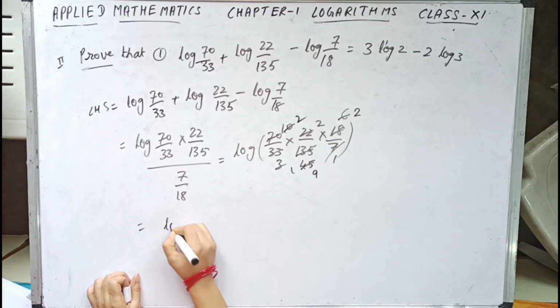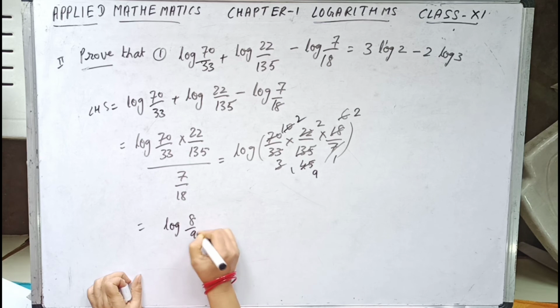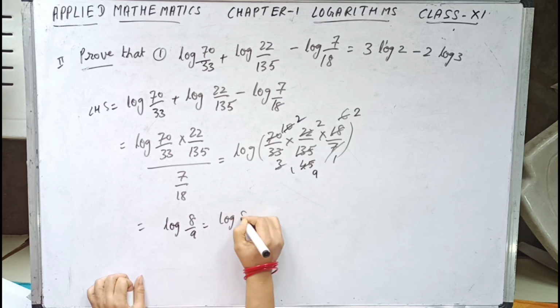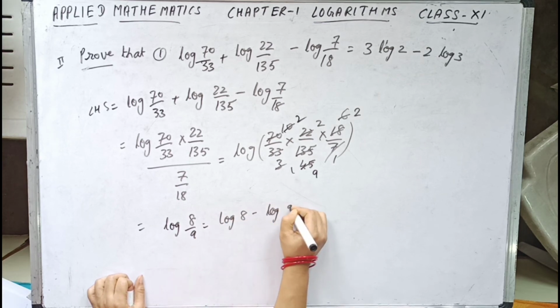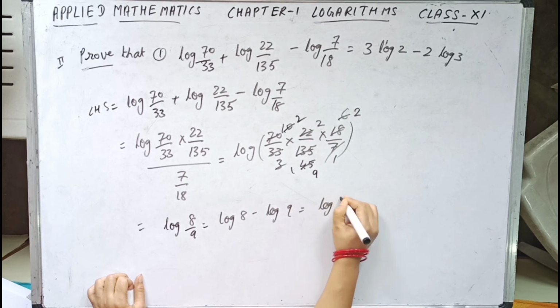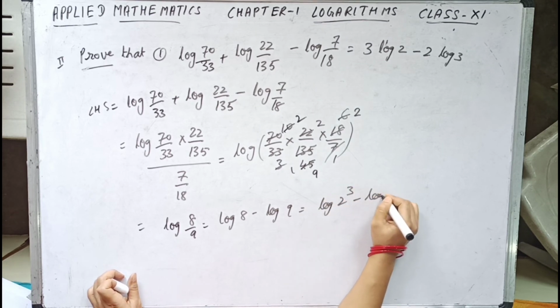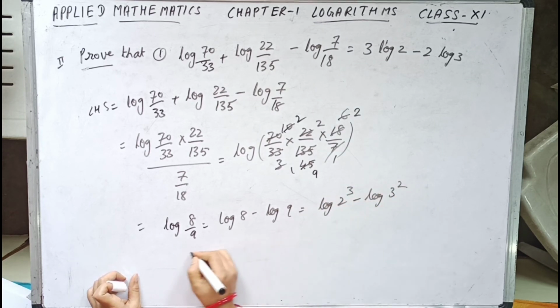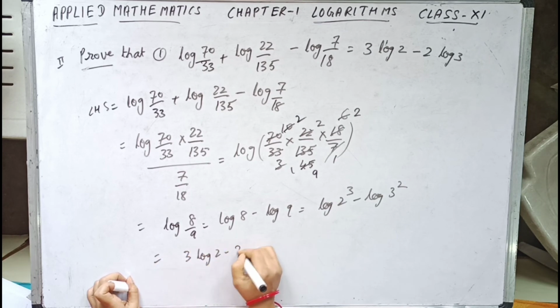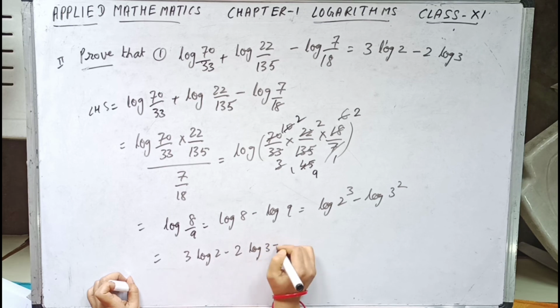So this I can write as log of 8 by 9 equals log of 8 minus log of 9 equals log of 2 cube minus log of 3 square equals 3 log of 2 minus 2 log of 3, and that equals RHS.